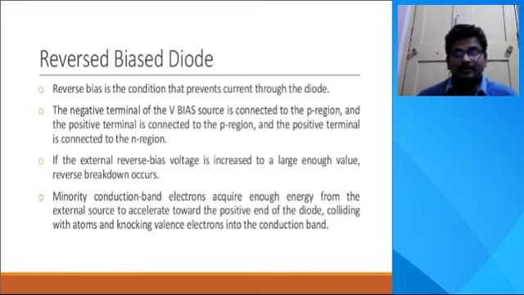But coming to reverse bias, in practical cases the reverse diode resistance value is in megaohms. Theoretically we can say it is infinity, but practically we can measure it, and the value is in megaohms. In forward bias the diode resistance is very low, but in reverse bias the diode resistance is very high.